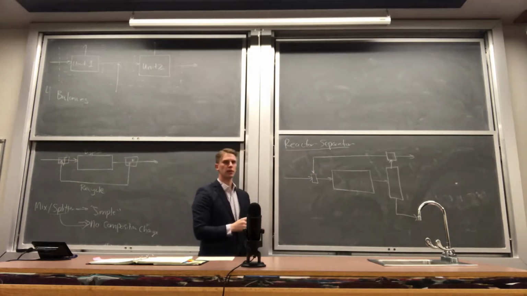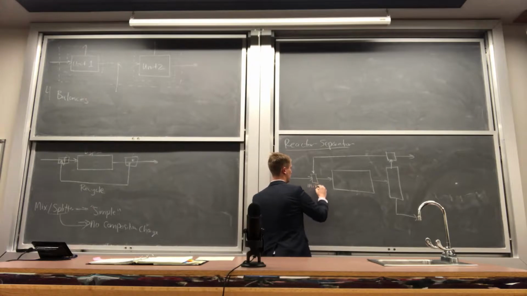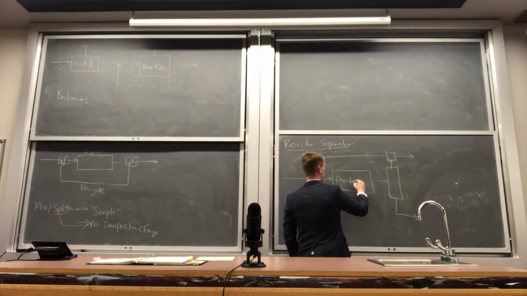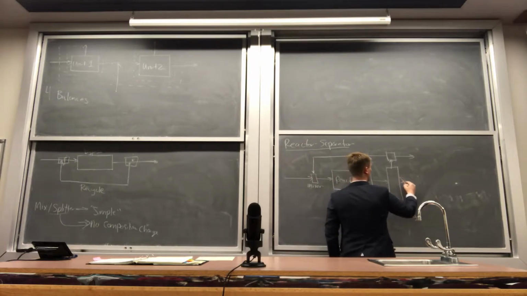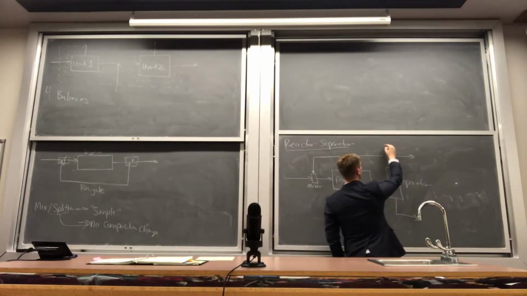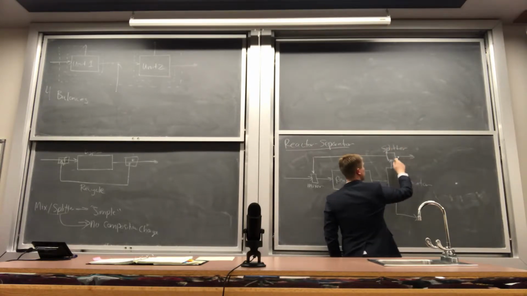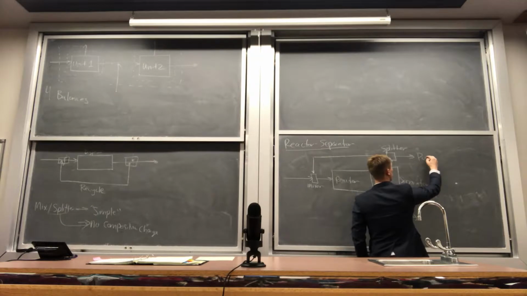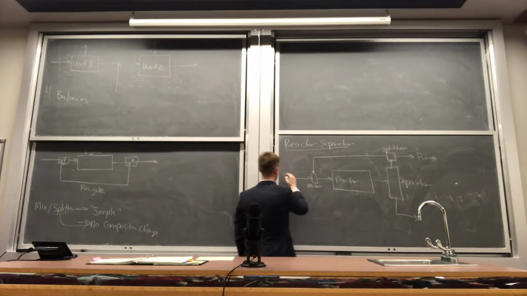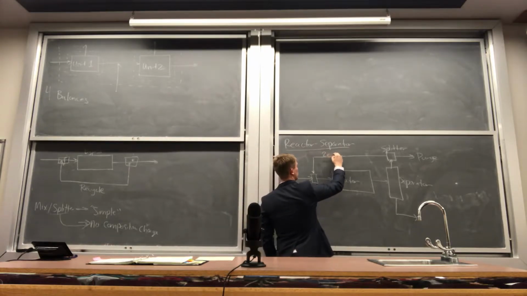So this is a reactor separator. In it we have a mixer, a reactor, a separator, and a splitter. This line coming out here is typically called the purge stream. Over here is the feed, and this is the recycle.